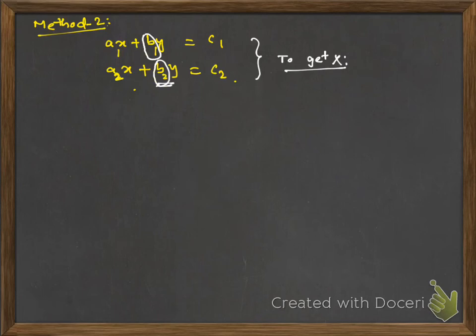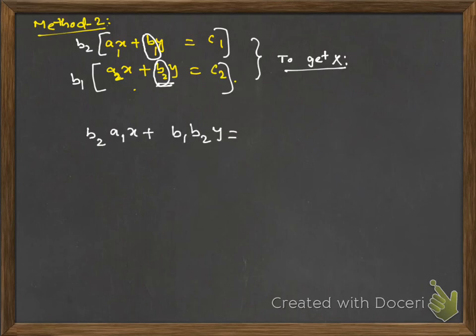So to get equal coefficients, multiply the first equation with b2 and the bottom equation with b1. So b2 times a1x plus b1 b2 y is equal to b2 into c1, and in this case b1 a2x plus b1 b2 y is equal to b1 into c2.